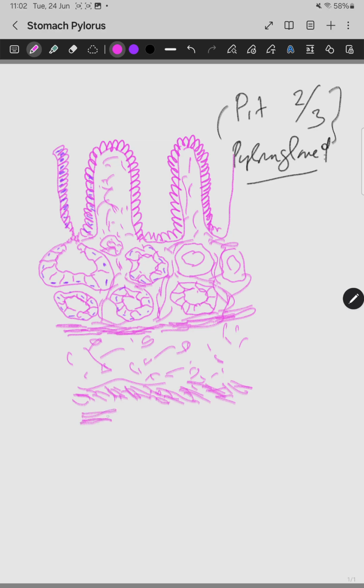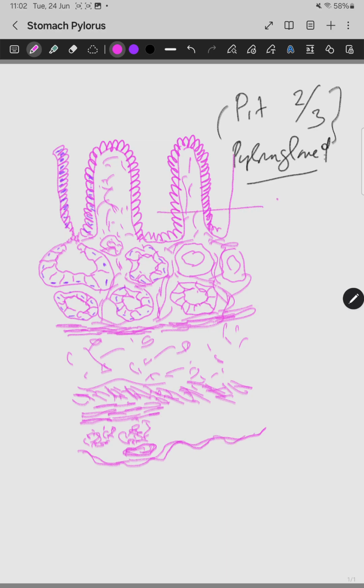Then a circular layer, all the same repetition you can see, circular, then longitudinal bundle. And here also you can see the large arteries that supply the stomach. And covering all this, you can see there will be the mesothelium, the peritoneum that contains the mesothelial cells.